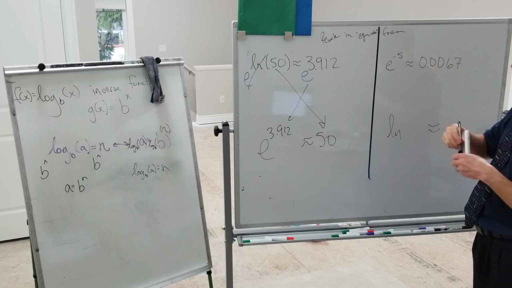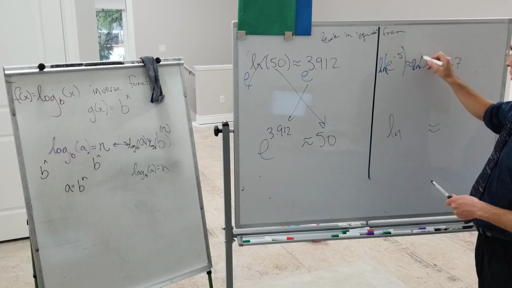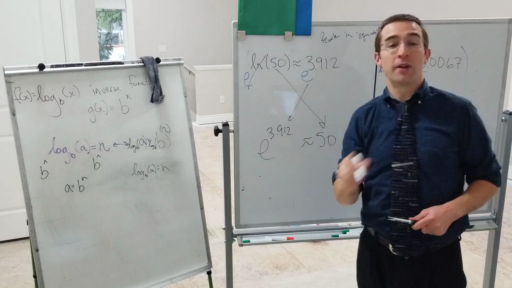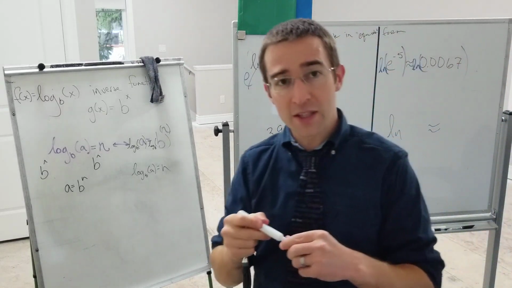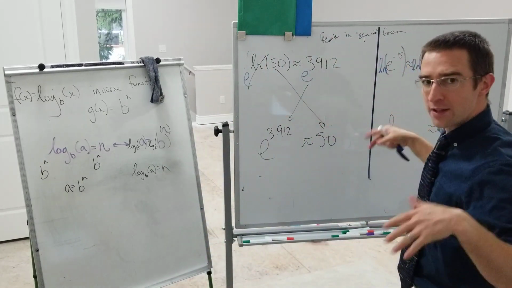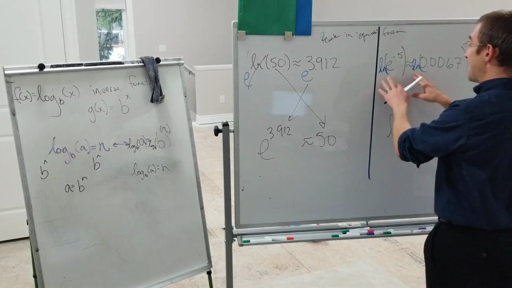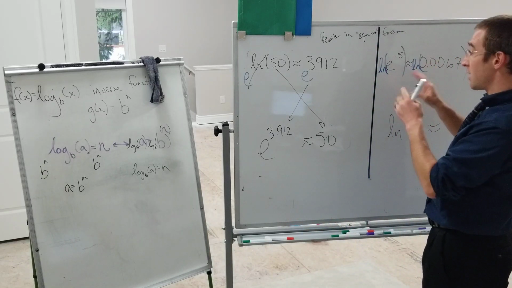To undo that, or to put it in natural log form, I would just take the natural log of each side. Notice, I am not multiplying by ln. I am using the natural log as a function, kind of like a square root, like when you square root both sides. You don't multiply by a radical, you square root both sides. So here I am taking the natural logarithm of both sides.